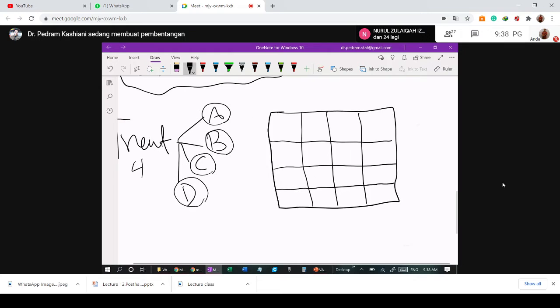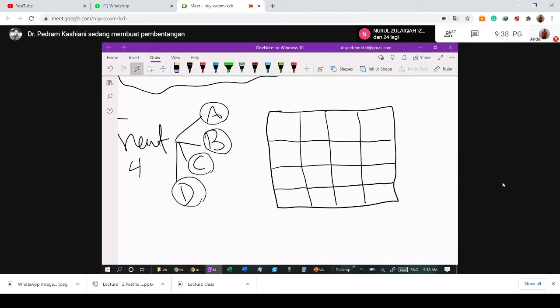So now I need to do randomization. What is the rule of randomization? The rule is each treatment can only happen once in each row and in each column. You cannot repeat it. So what I do, for example, I start from treatment C here. I put C here.